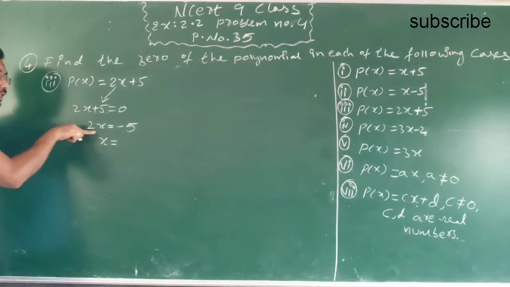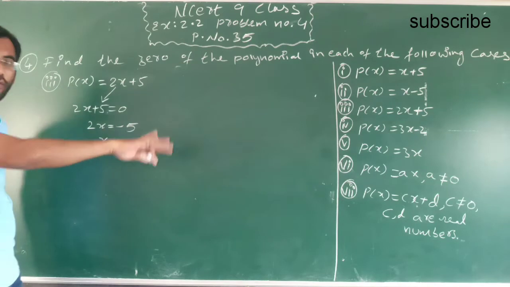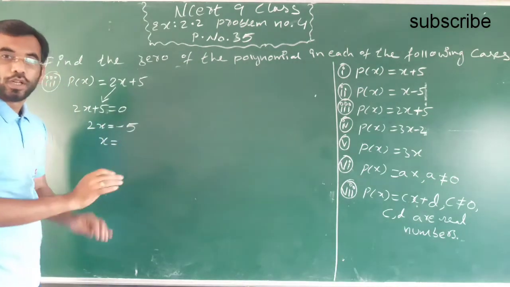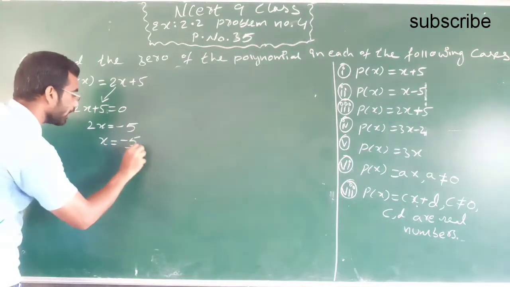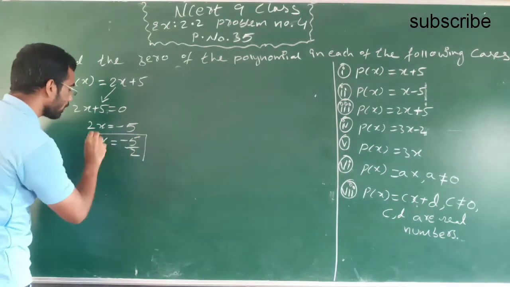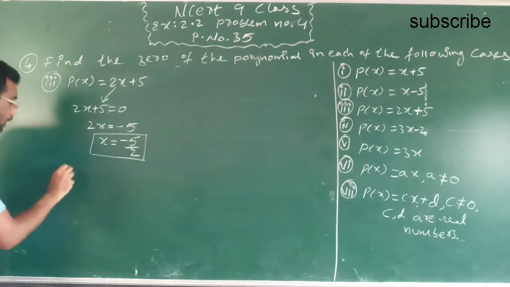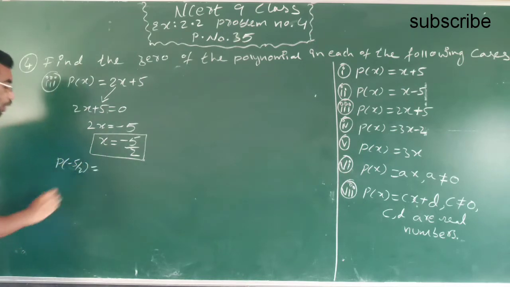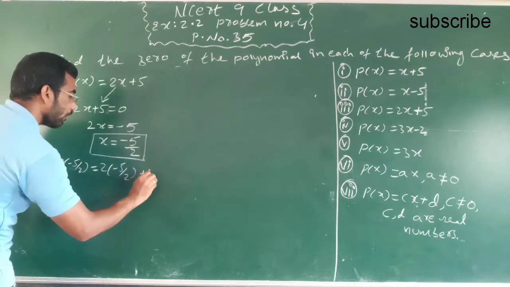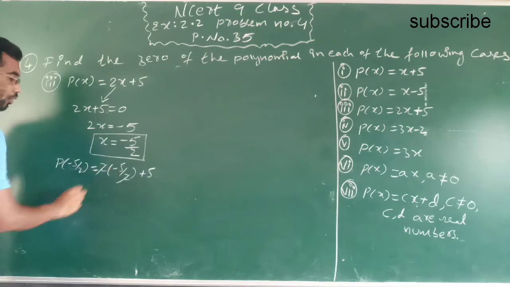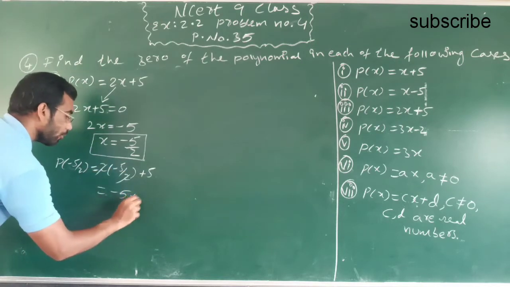Now x is equal to, now send. See, this 2 is in multiplication. If you are changing the side of the 2, it will go to division. Minus 5 by 2. X is minus 5 by 2. Now P of minus 5 by 2 equal to 2 into minus 5 by 2 plus 5. 2 gets cancelled.